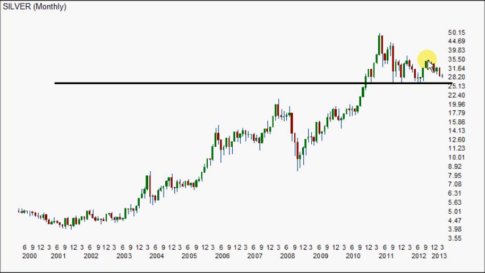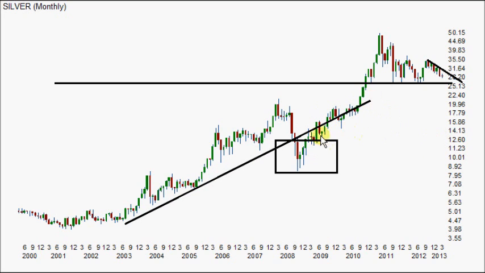Well, yes and no. I'd rather just make another descending triangle. And again, until this 26 level is taken out, I am not putting this on any bearish level. And even if it does, I'm going to be assuming there's a decent chance it's just another one of these deals where you break a key level of support and it's just going to recapture it later on again. Okay, so that's it for that chart.